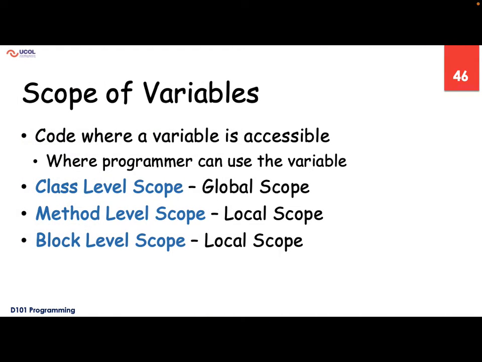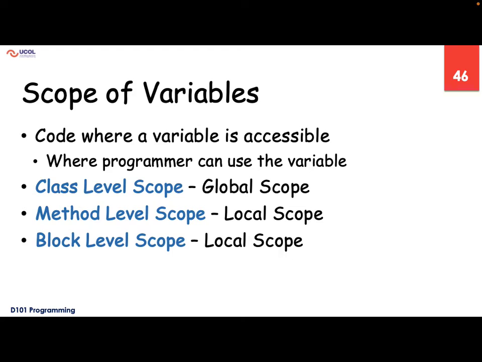Scope of the variables. Scope of the variable means that you have declared a variable, where you can access it and where you can use it, the part of the code. Understand?